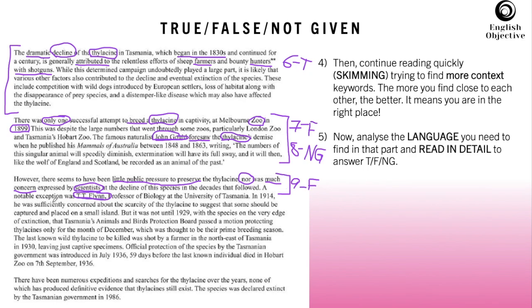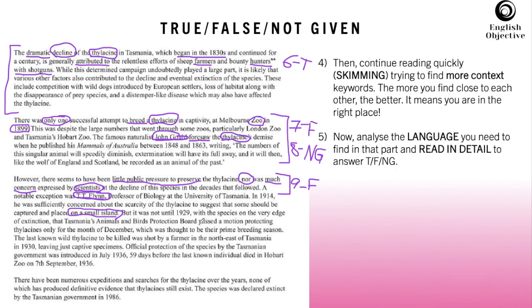Okay, let's read a little bit more in detail and see if I can find the language that I need. Especially concerned about the scarcity of the thylacine to suggest that some should be captured and placed on a small island. Okay, I do have another context keyword. But it was not until protection board passed protecting.